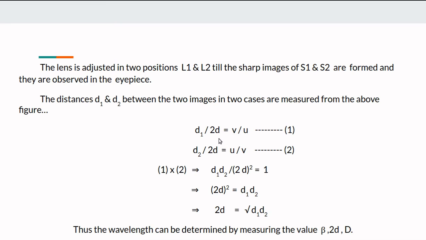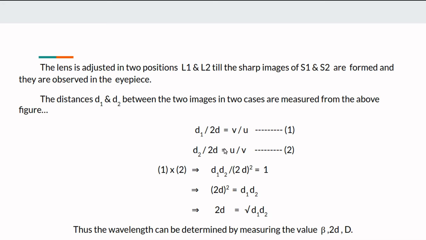We know that magnification is equal to distance of the image by distance of the object, or size of the image by size of the object. In this case, D1 by 2D, size of the image by size of the object, is equal to distance of the image by distance of the object.